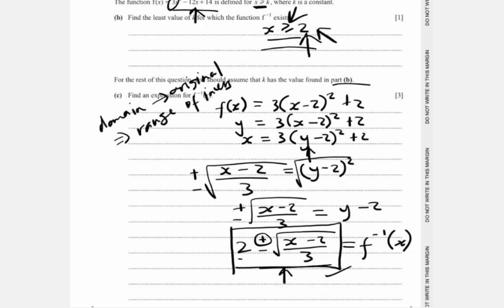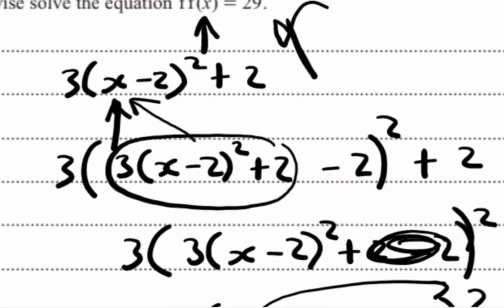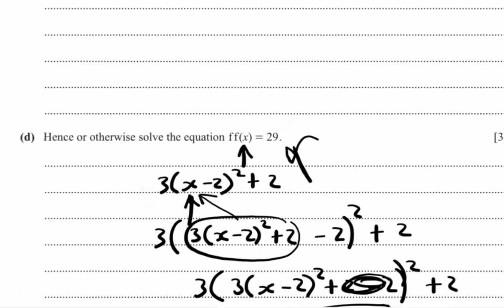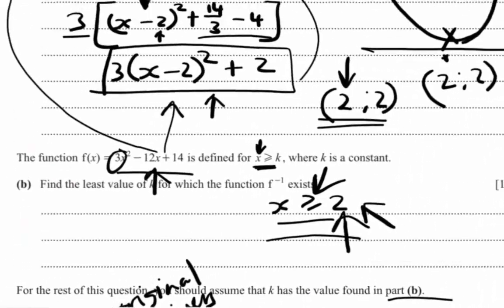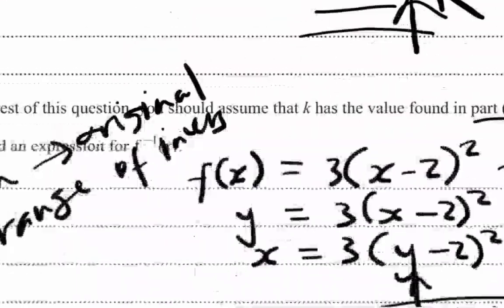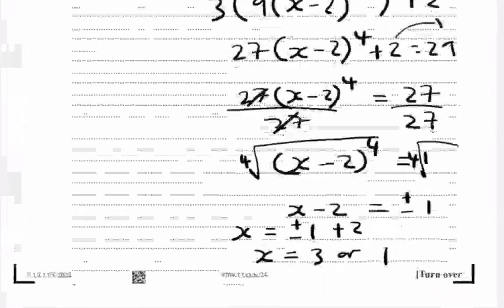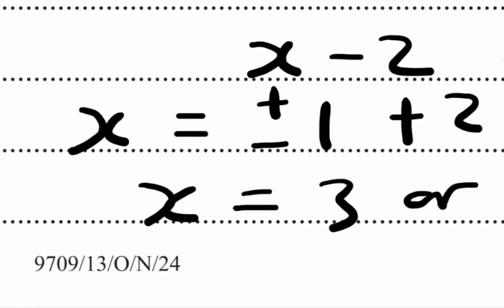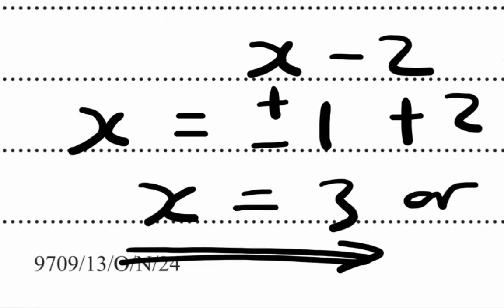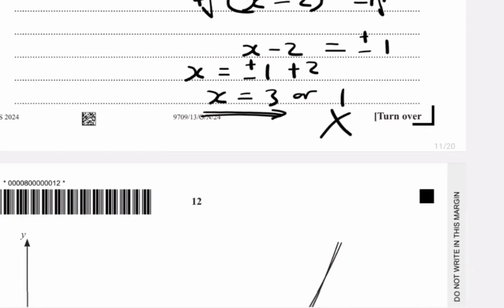Yep, so I think we can take both of them in, but I'm also thinking, since we have f of x in there and we know x is greater than or equal to 2 for f of x, I think we will be taking x equals 3 because it is the only value that's greater than 2. So if we're considering that, we have to discard that one.